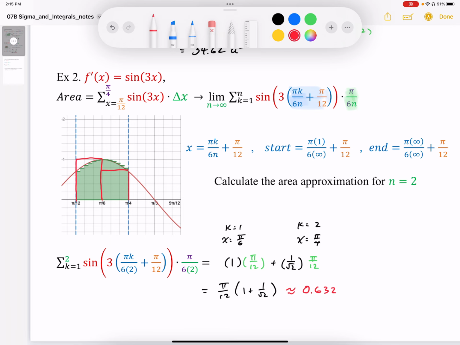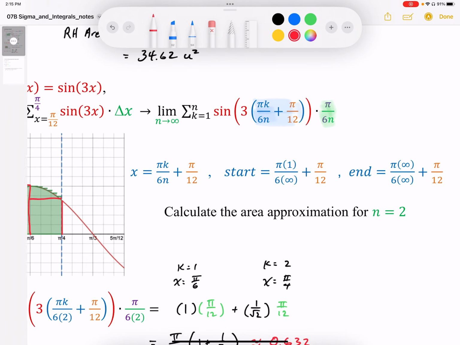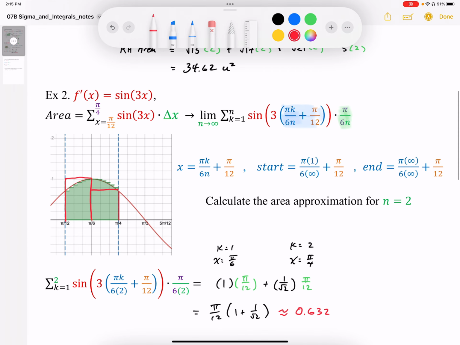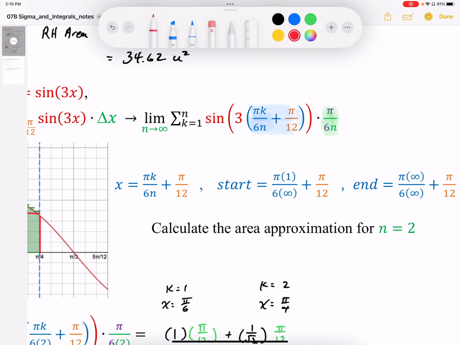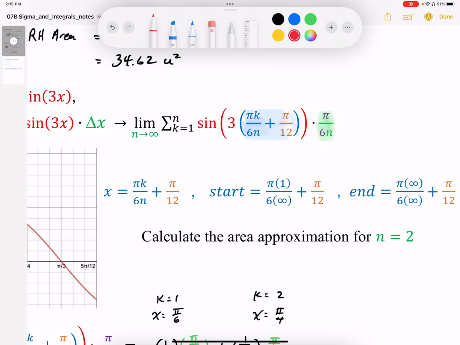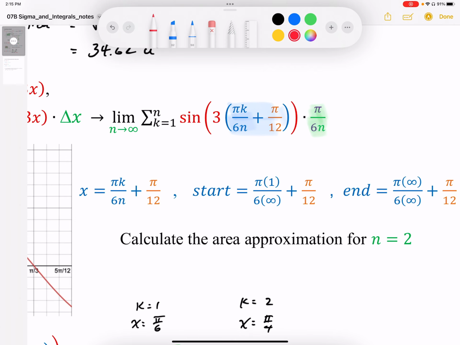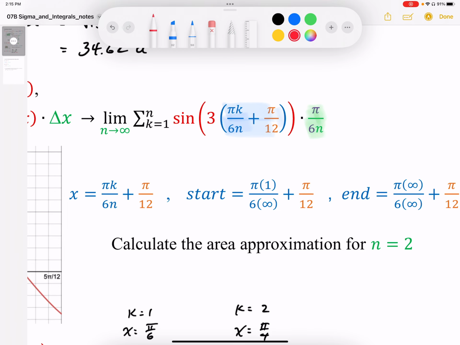So really all I'm doing is finding the height of those rectangles at those points and then calculating the area. However, I'm relating it to the limit notation that we're going to take a look at a little later on, to convert that limit notation into an integral notation.